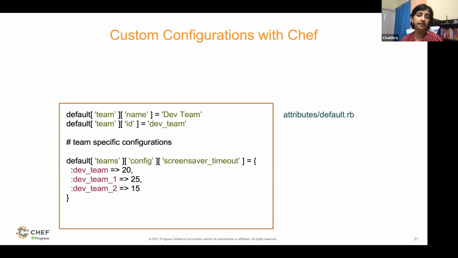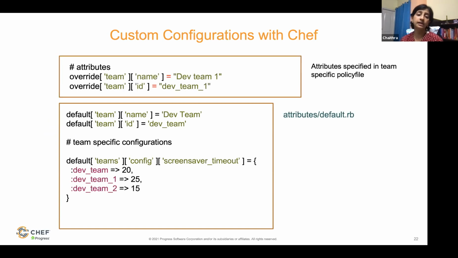What we have defined in the attributes file are the default attributes for the larger dev team, but then you want to run configuration for dev team 1. In that case, you can specify the team specific attributes in the policy file. A policy file is nothing but a file where you define all the recipes and configurations that you want applied on your endpoints.